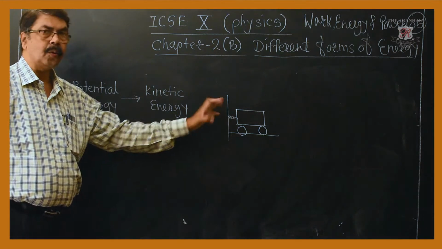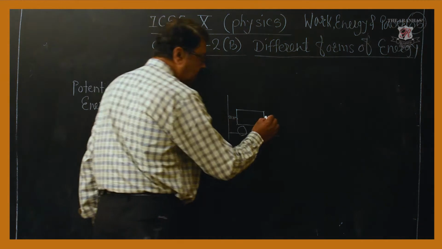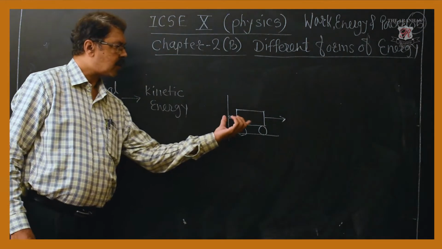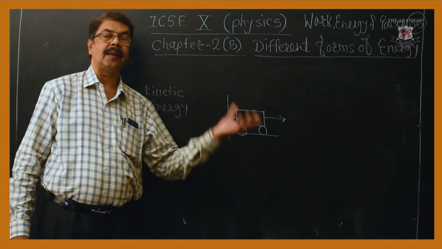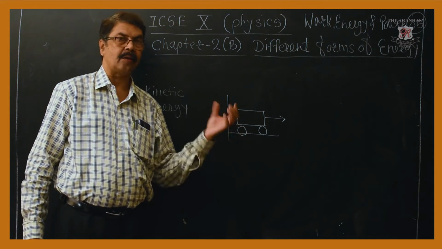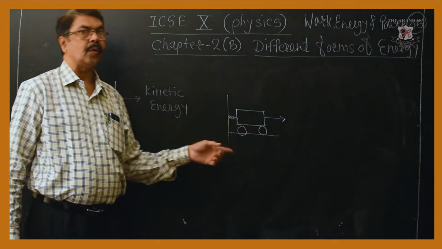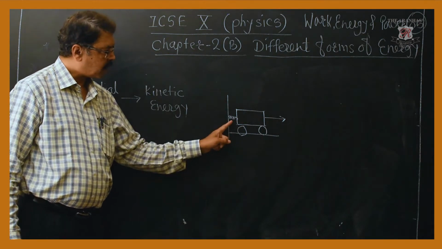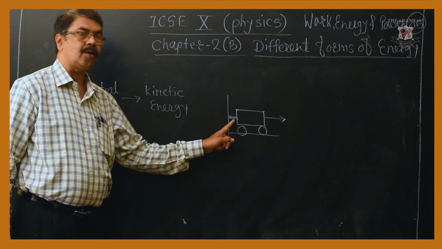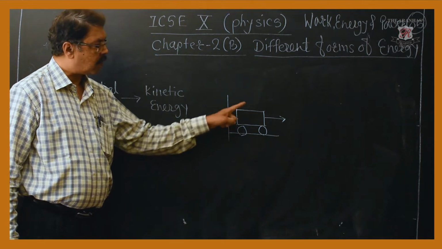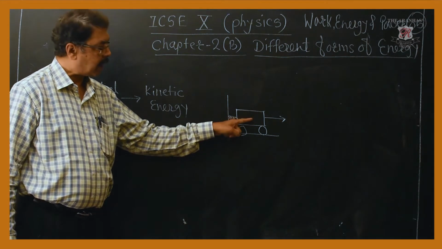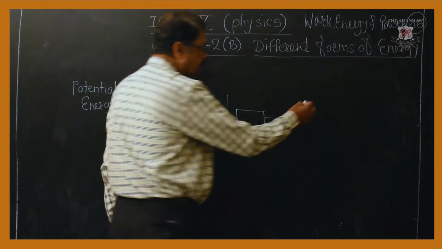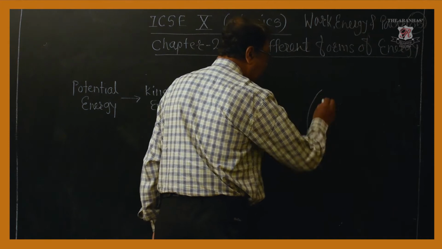The moment you release it, the card will start moving in the opposite direction, because the spring will try to regain its original dimension, original length. So in the process of this card moving, the elastic potential energy of the spring is converted into kinetic energy of the card.